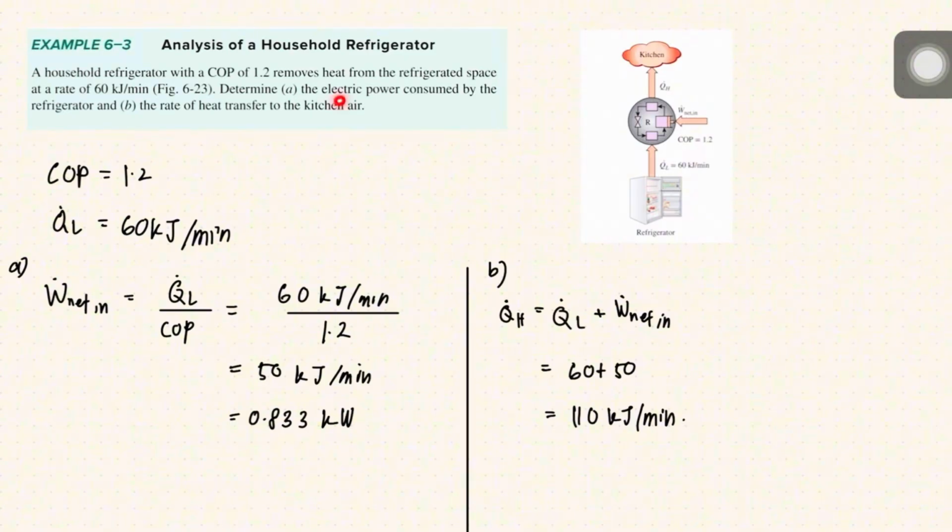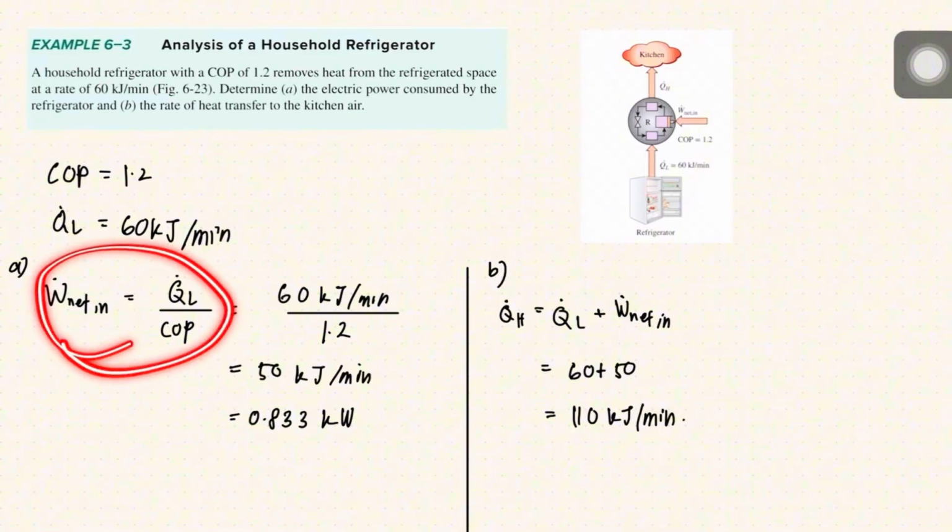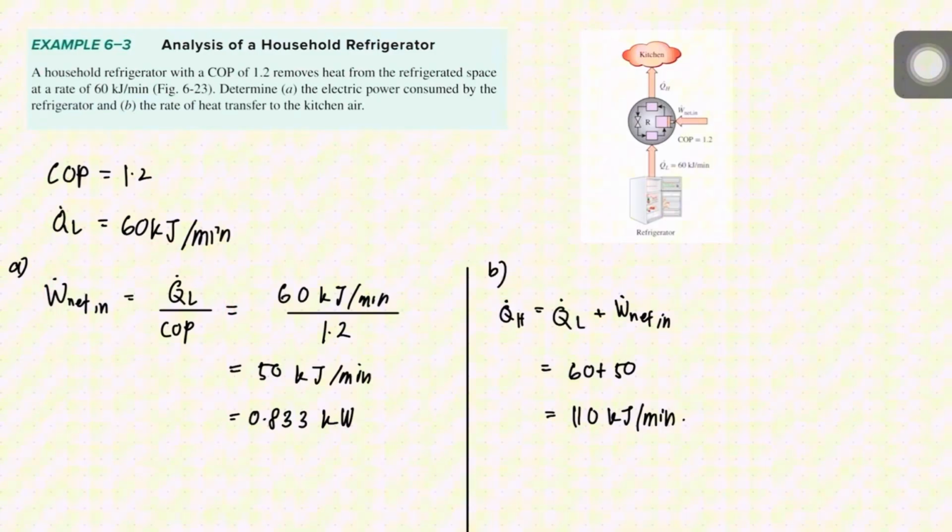To calculate the electric power, we use this expression: W dot net in equals Q dot L over COP. We substitute the values, and we get the answer 50 kilojoule per minute, which we can convert to kilowatt, which is 0.833 kilowatt.